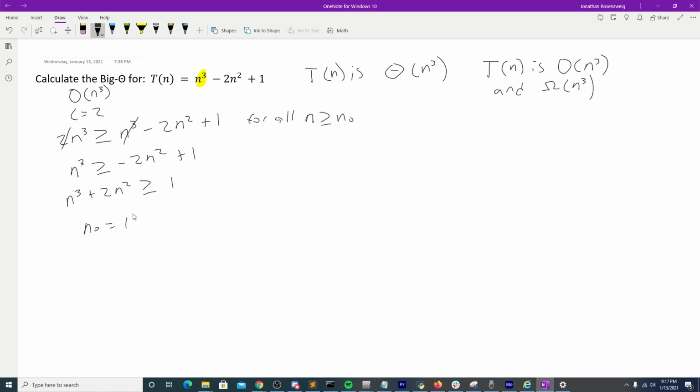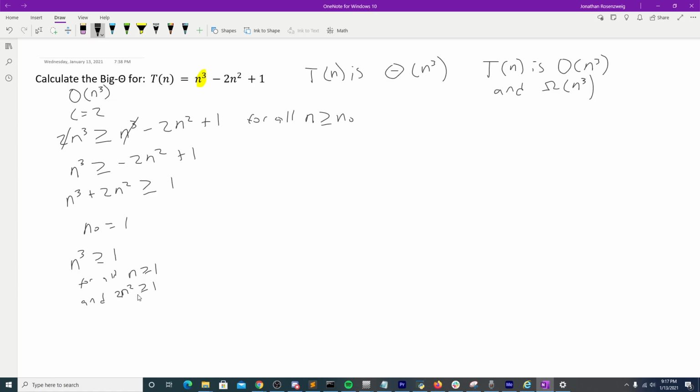And then with an n naught of 1, we can easily prove that this statement above holds true for all n greater than or equal to 1, because n cubed is greater than or equal to 1 for all n greater than or equal to 1, and 2n squared is greater than or equal to 1 for all n greater than or equal to 1.